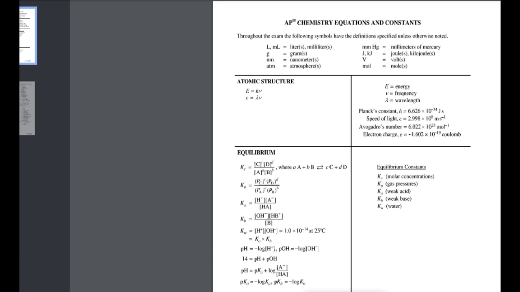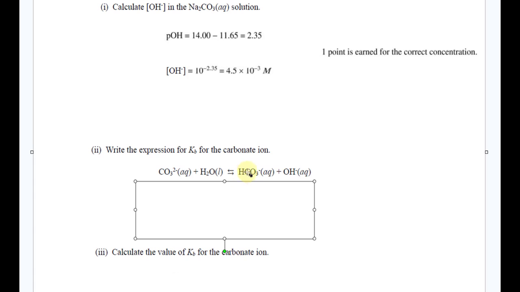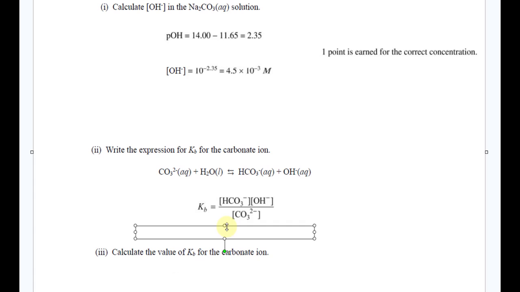Even then, you could get it away by just realizing that you've got the equation that they gave you, the equation where we're making our hydroxide ions, and just write a standard equilibrium expression for it, where we'd have products over reactants, and of course, since we have a liquid, we know that's not going to be included because liquid concentrations don't change significantly. So this would be the hydrogen carbonate times hydroxide over just the carbonate, and that would be a real quick 1 point.